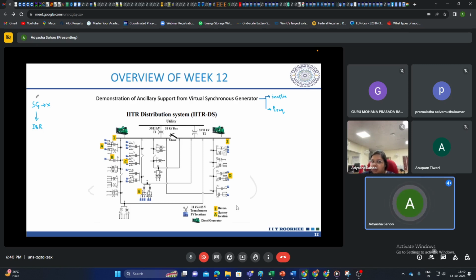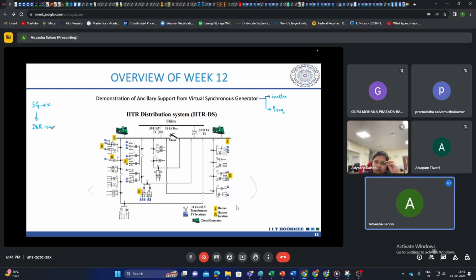The synchronous generator stabilized that disturbance. But due to the lack of such support from inverter based resources, it may lead to instability whenever the renewables go up to 40 to 50%. Such problems we will be facing. So for that, we are including virtual synchronous generators with these inverter-based resources to maintain the stability of our grid as a whole.